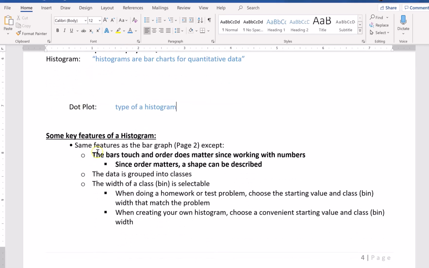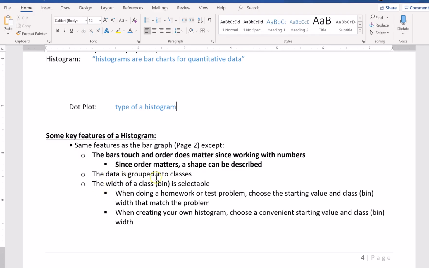Some key features of a histogram. They're going to have the same features of the bar graph on page 2, except that the bars do touch and the order will matter since we're working with numbers. So since the order matters, we can describe the shape, and we will get into that later on in this lesson.